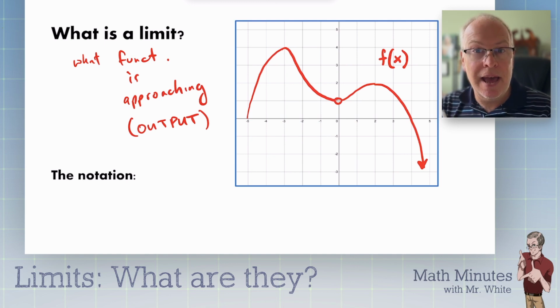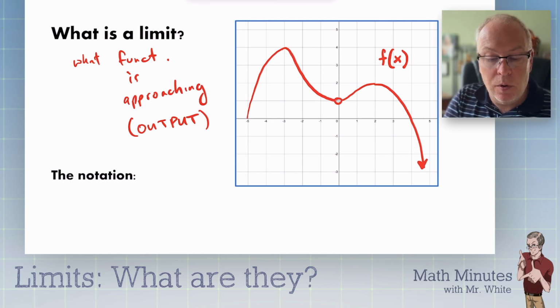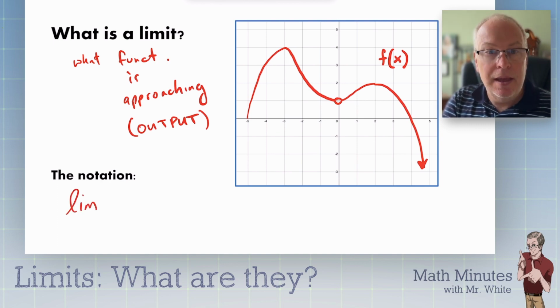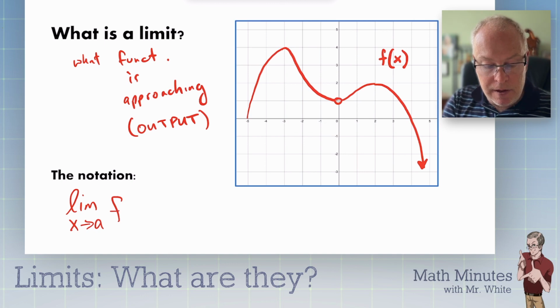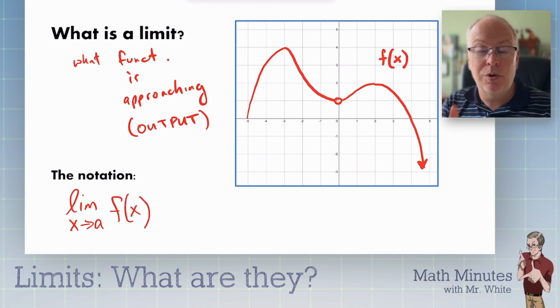The limit at x equals 0 is 1. Now let me show you the notation for this. So the general notation is the limit as x approaches, we typically call it a, so that's some x value, of the function that I've shown to you graphically here.